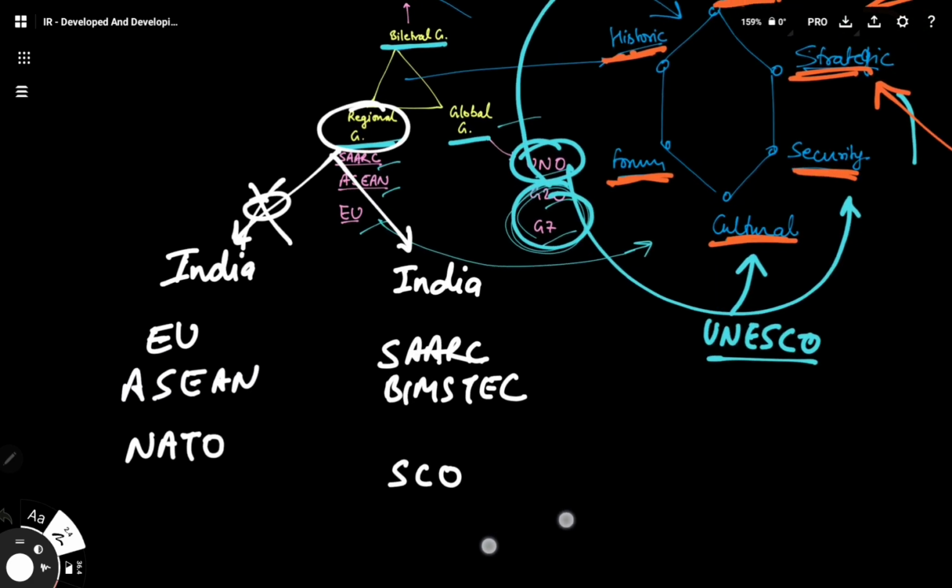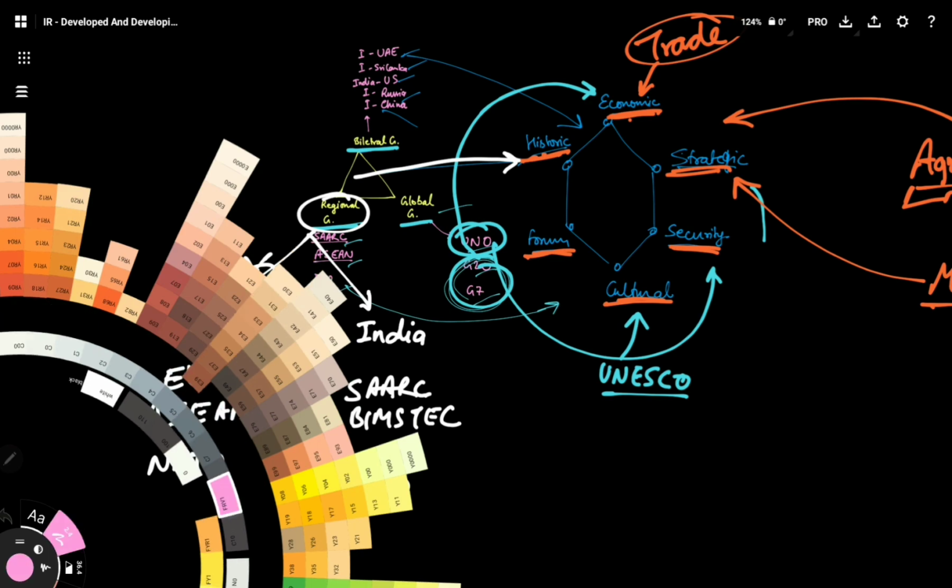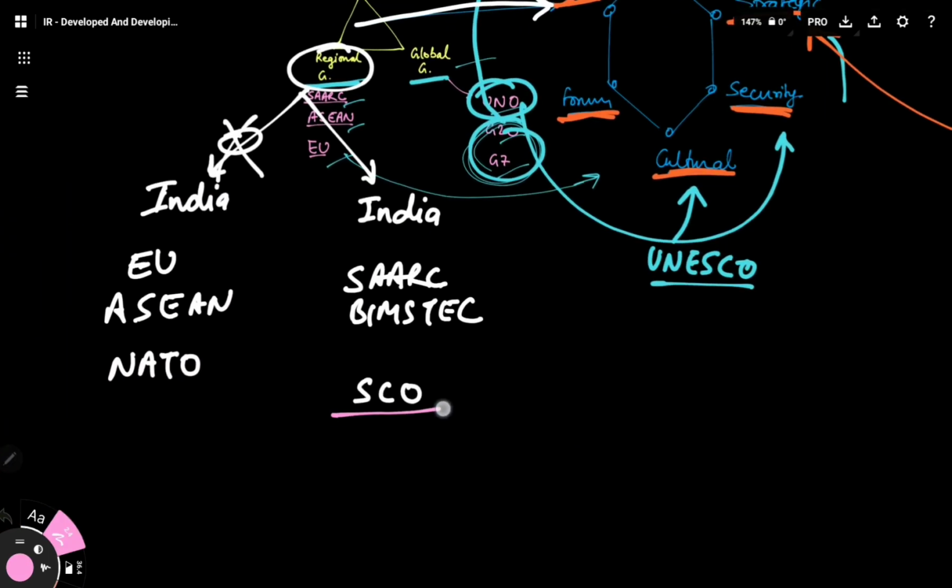Okay, one interesting thing, as I told you, these groupings are important because of these reasons. How can we relate these things? Okay, we can see now, over these groupings: SCO, Shanghai Cooperation Organization, and one more in which India is part, that is BRICS.